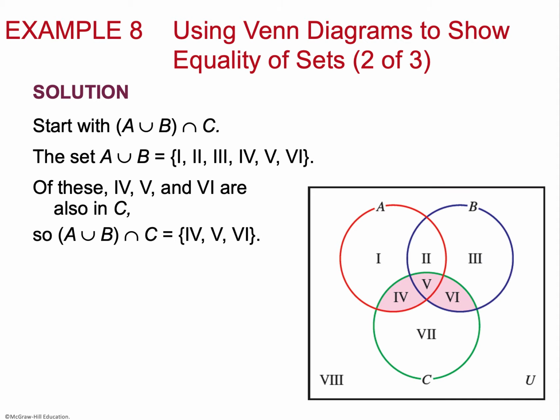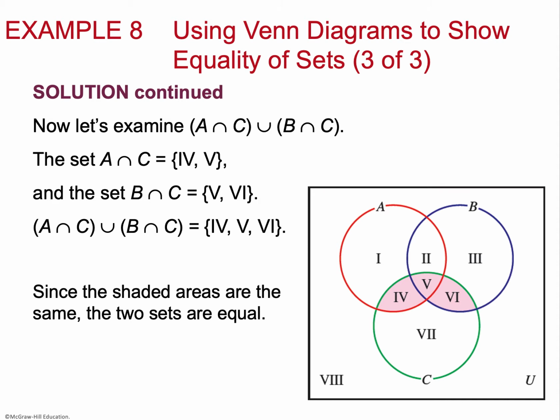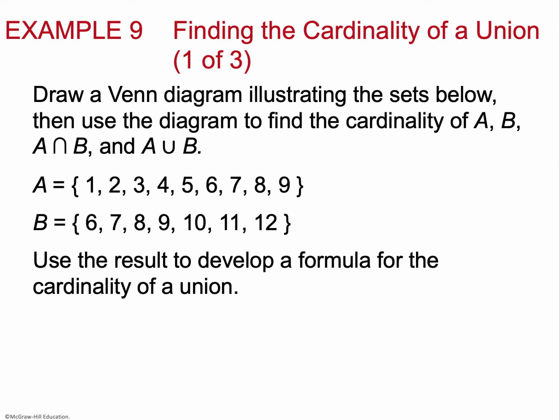Of those, 4, 5, and 6 are also found in set C, which means my answer is 4, 5, and 6. And so that is what I shade. Now I use the same reasoning, applying the law, and I wind up at the same answer. So this really isn't something you're going to see in ALEKS per se, but this is something more along the lines of proving it visually as opposed to proving it analytically.